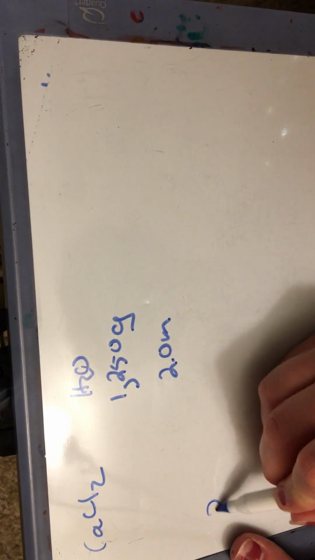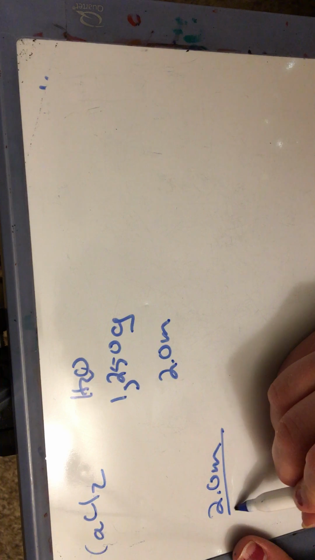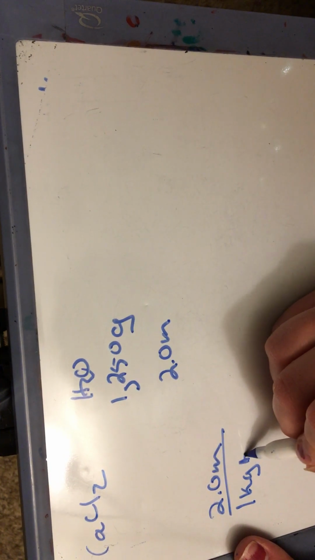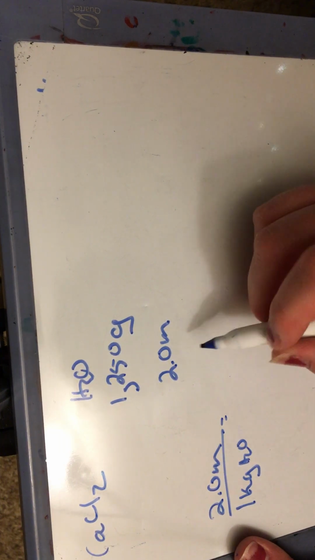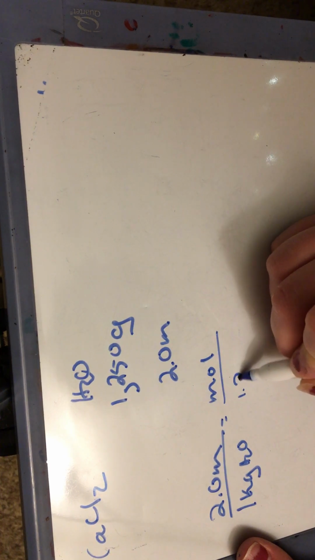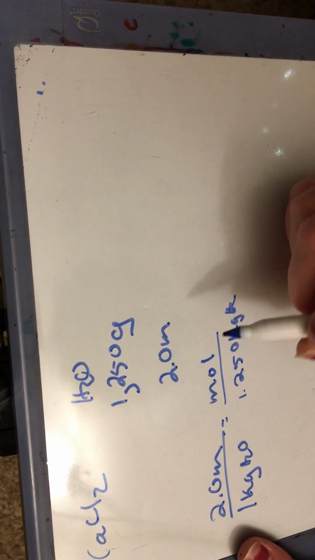Okay, so if we know that 2.0 molality is over 1 kilogram of H2O, and this is moles per kilogram, but we have 1.250 kilograms H2O.